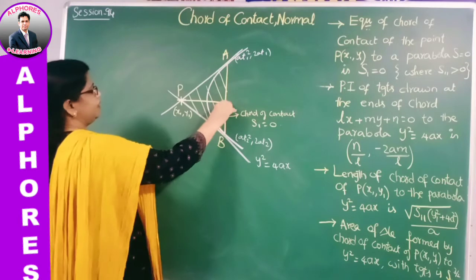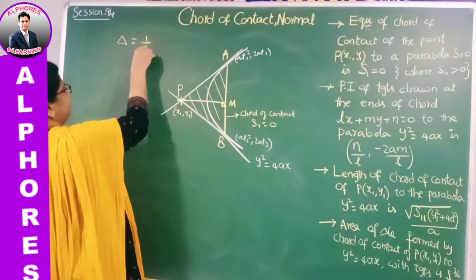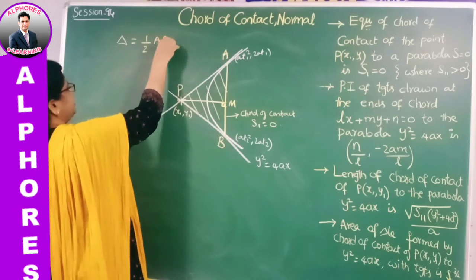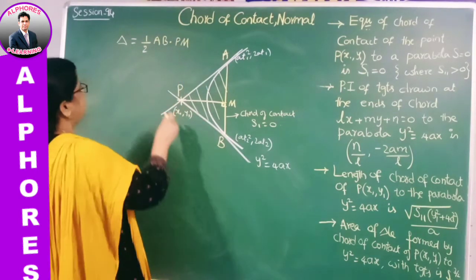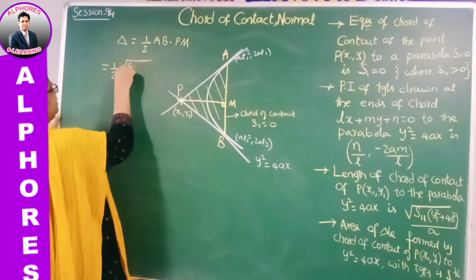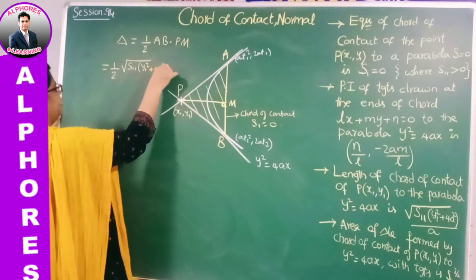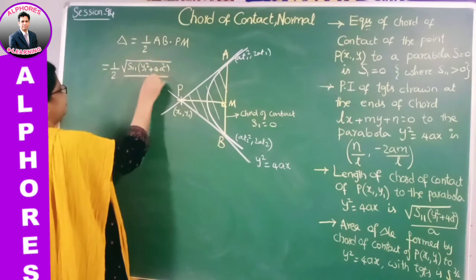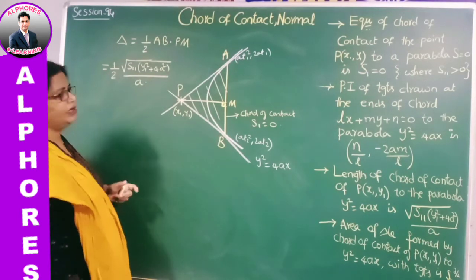Therefore what is our formula now? The area delta is nothing but half AB into PM. AB we just found: it is root of S11 into y1 square plus 4a square divided by a, so in this way you got the length of the chord of contact.